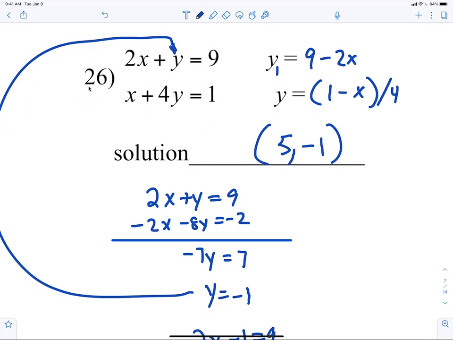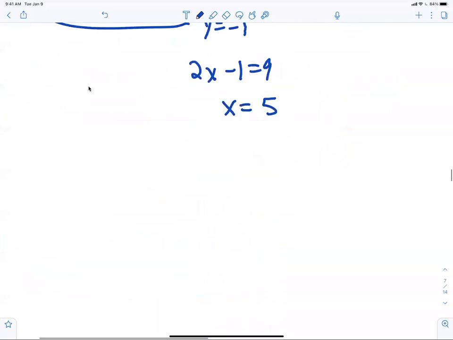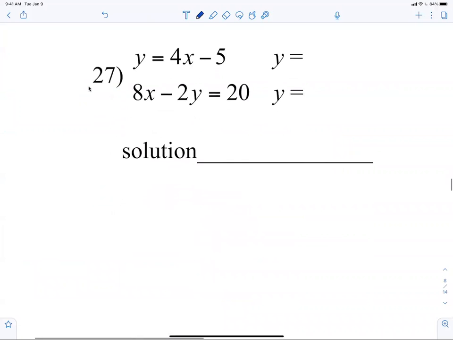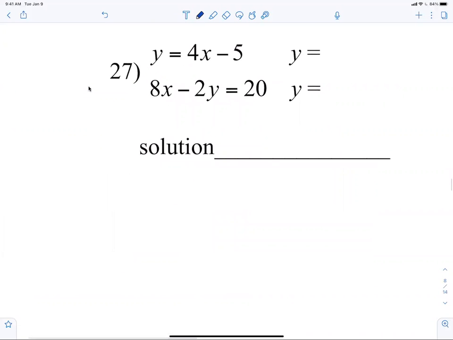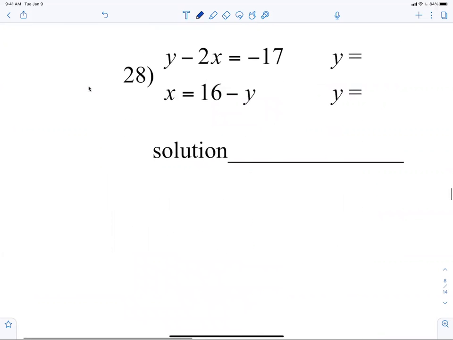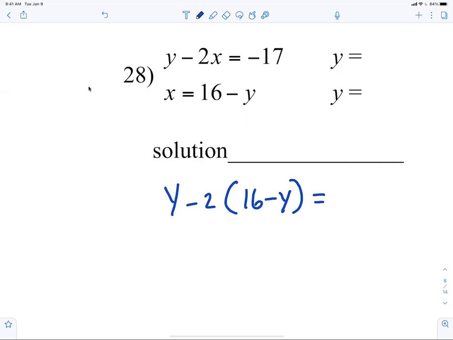All right, here we go. Let's knock out 28. Obviously, 28 is a substitution problem. So here we go. y minus 2 parentheses 16 minus y equals negative 17.